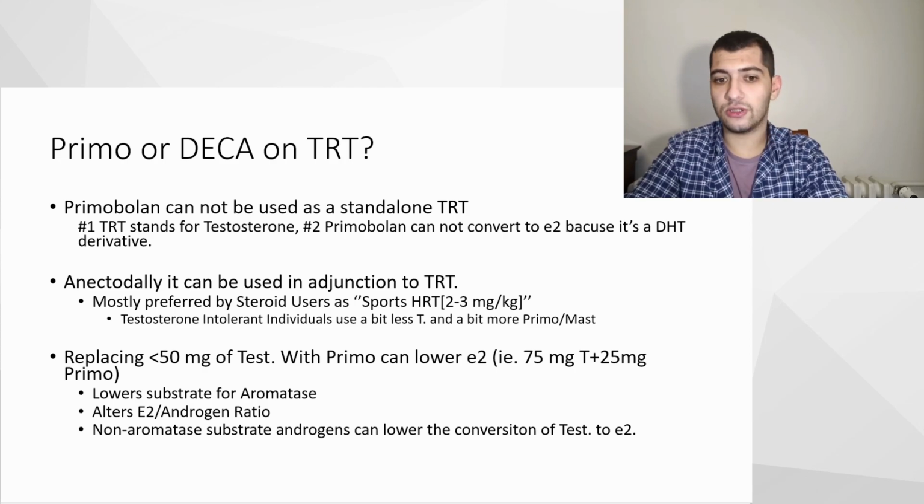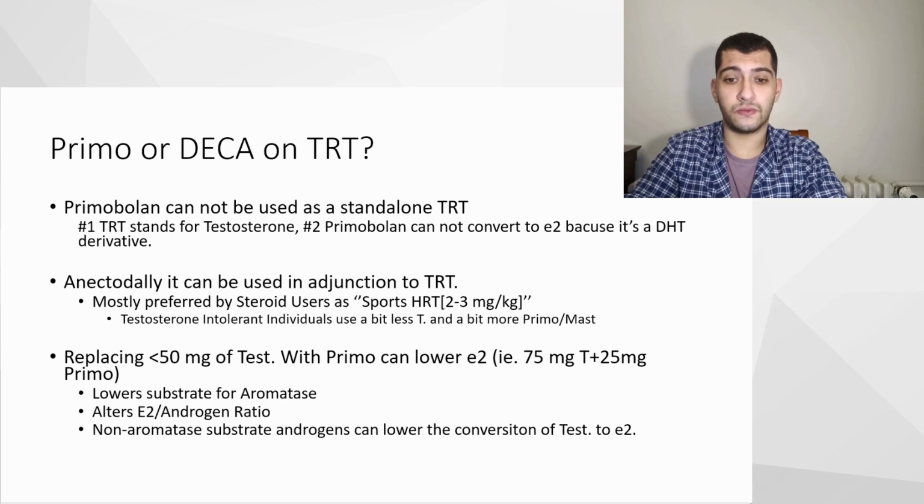Testosterone intolerant individuals tend to use a bit less testosterone and a bit more primobolan and masteron. And replacing, by the way, less than 50 milligrams of testosterone with primobolan can lower estradiol. And personally, I observed that on individuals too.